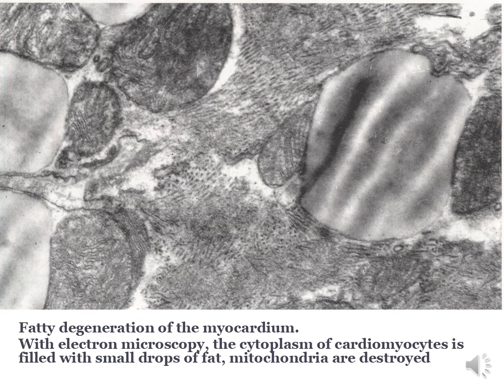Here you see these drops of fat, and look here, the mitochondria with various degrees of destruction: less destruction and more severe destruction of the mitochondria. Here we see also areas of destruction of the structures of the cell.